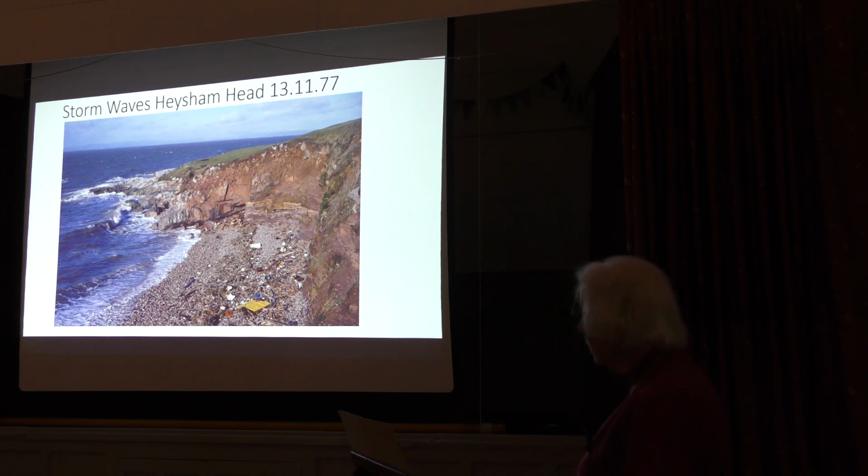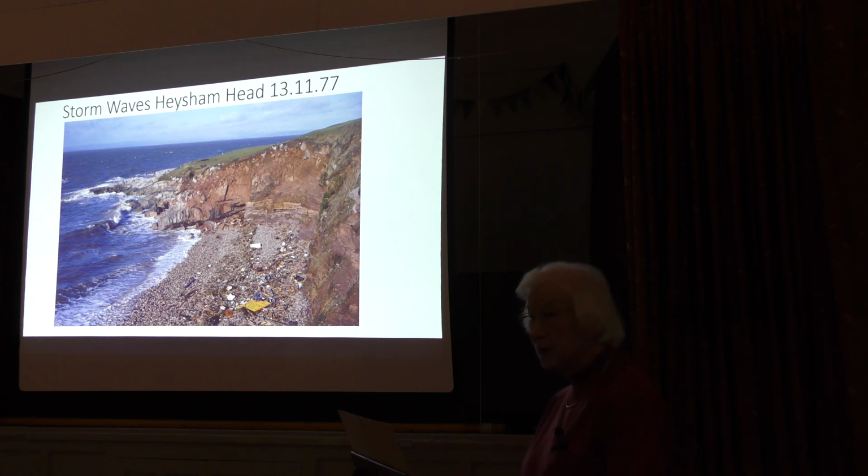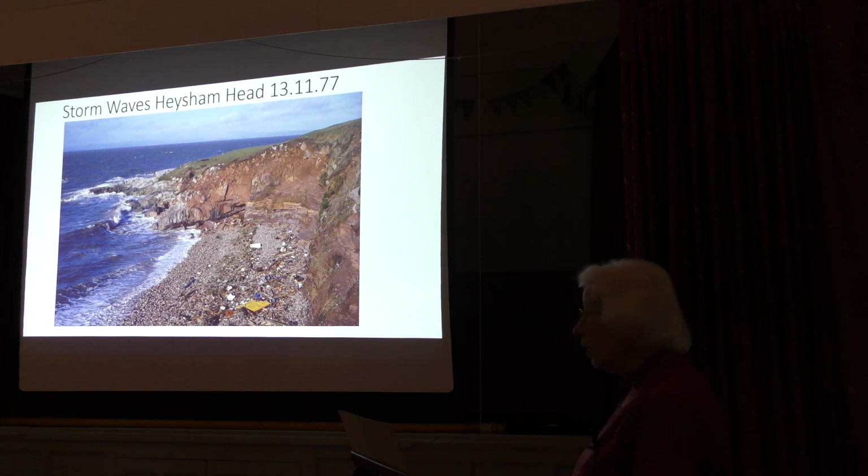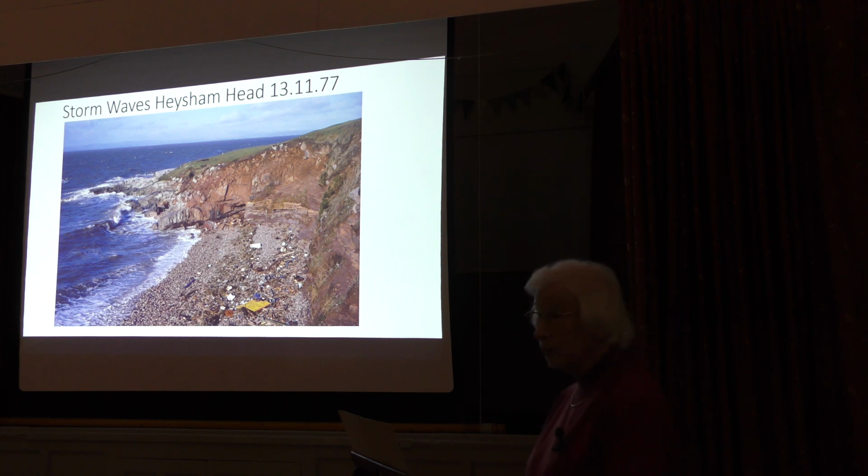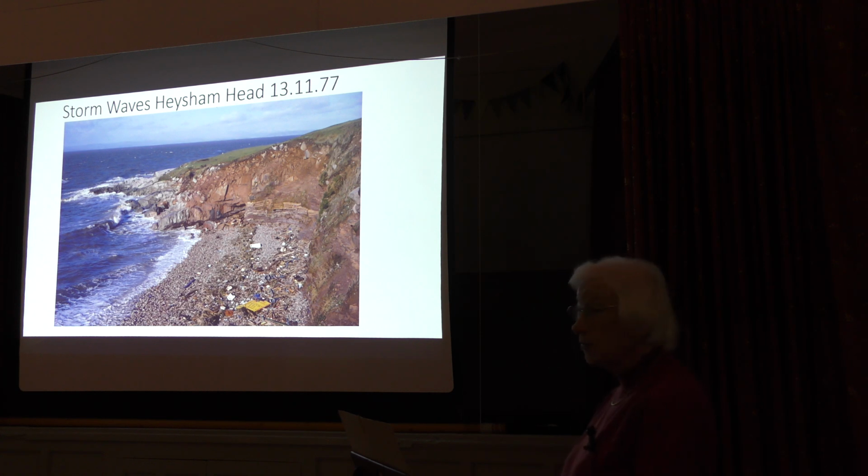The high spring tide was predicted to be about 10.1 metres, and then the surge was 1.85 metres on top of that. So in other words, the tide actually rose to about 12 metres, and the result was very considerable flooding all the way around the bay.